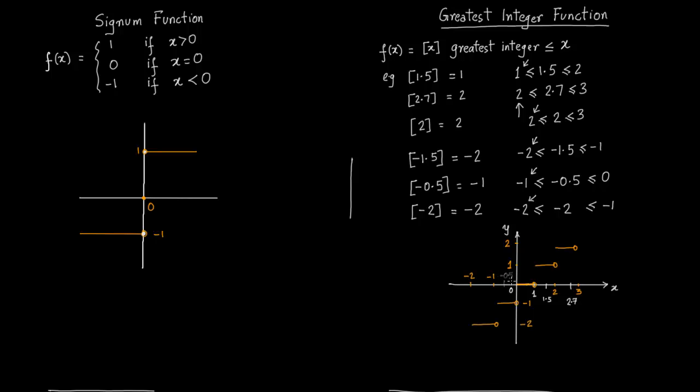Say minus 0.5, and say here you have minus 1.5. Minus 1.5 gets mapped to minus 2.